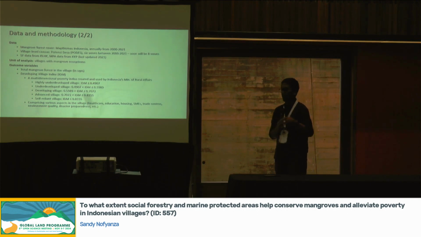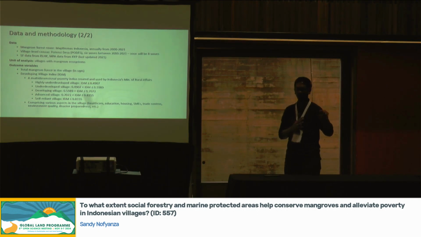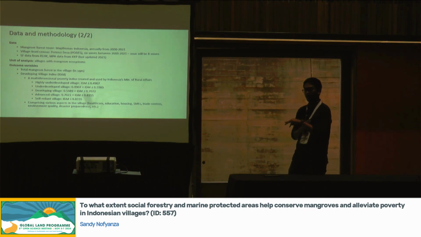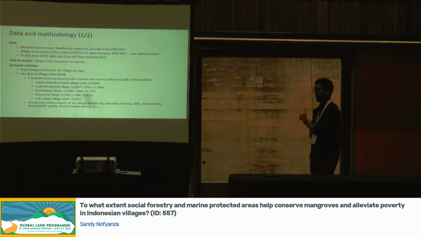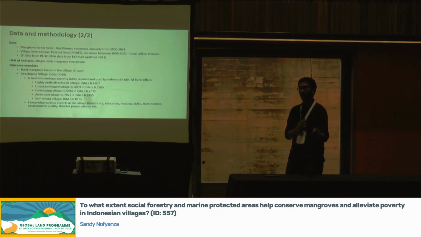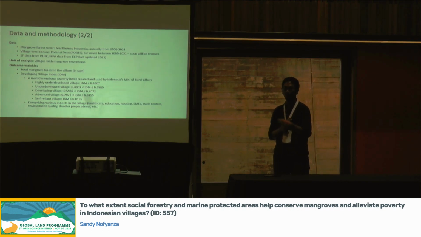So I'm combining mangrove forest cover data from Map Biomass Indonesia, which is really good because we don't have publicly available annual data for mangrove cover. And this is particularly important because Indonesia is the only place that has Map Biomass outside of Latin America.